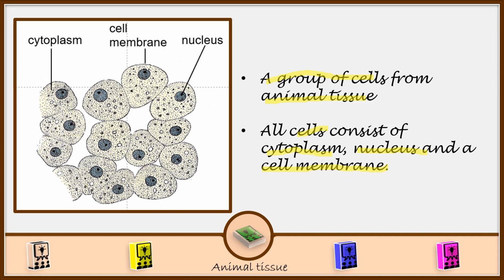So when we look at our cells here, you can see that this cell has a cytoplasm, the liquid or semi-liquid part of the cell. It has a nucleus in the middle, approximately, and it has a cell membrane, the one covering around the cell. That is the animal cell.